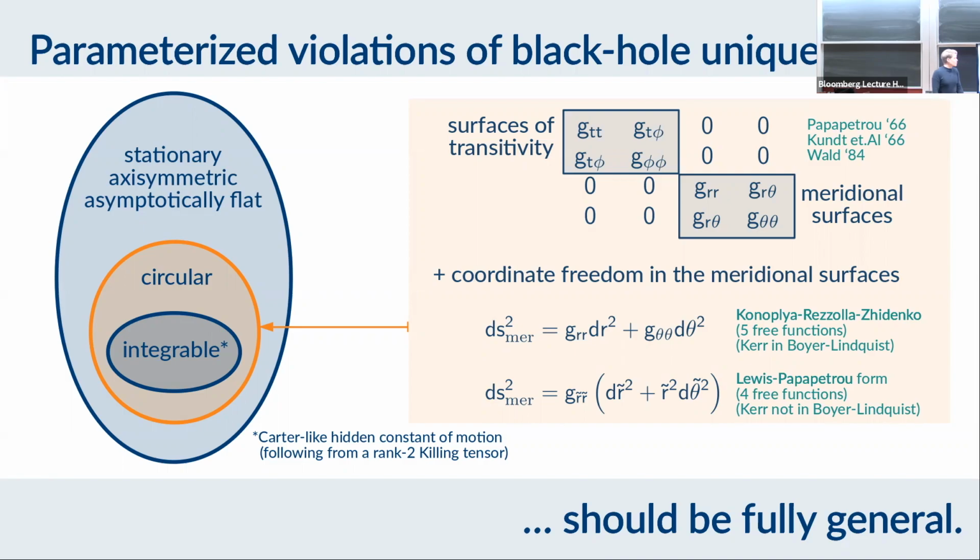But you no longer have this special form, so all of these can now depend on both of the non-Killing coordinates. And you can use your coordinate freedom as much as you can, and you can see Lewis and Papapetrou, so that you can cook that down to 4 free functions of 2 variables. That's the best you can do.